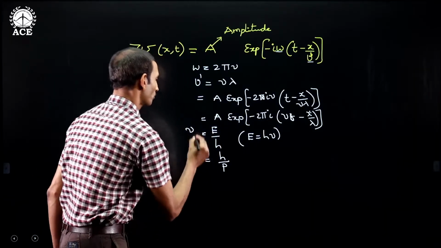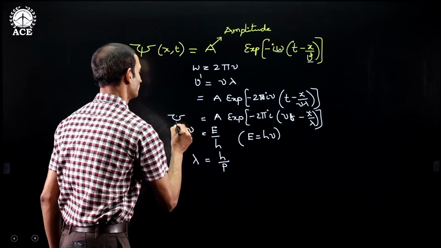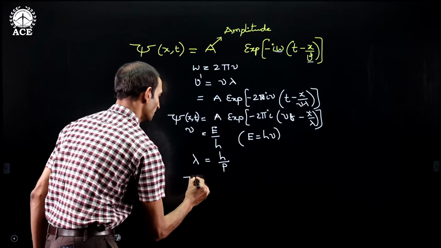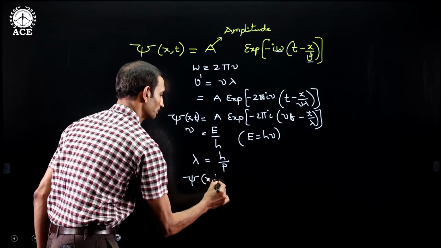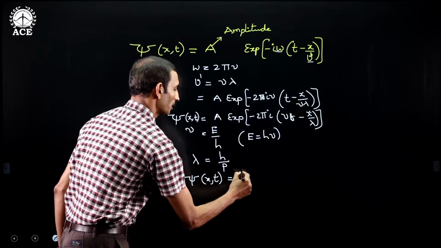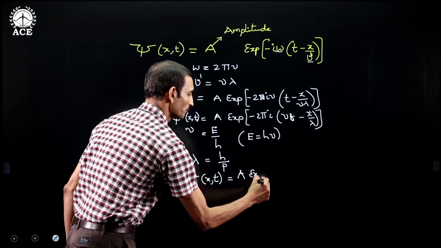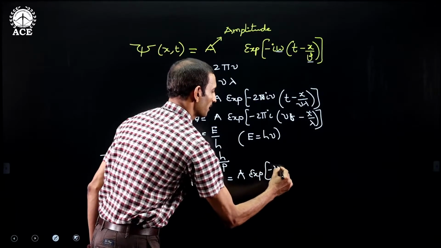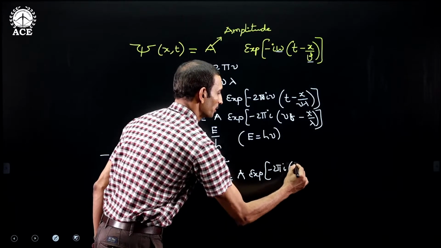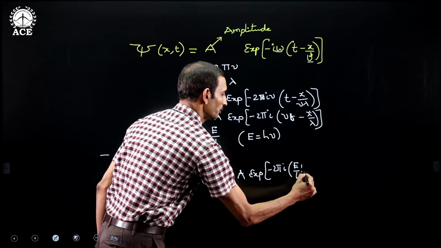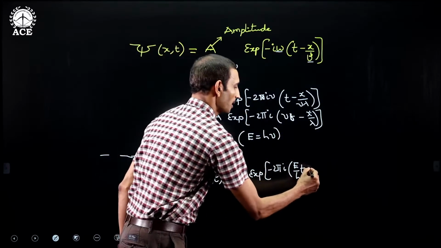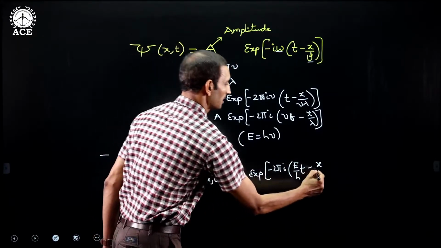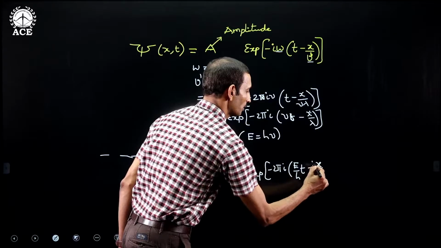Writing these two in this expression, now rewriting this psi of x, t: psi of x, t is equal to A into exponential of minus 2 pi i into (E by h into t minus x by lambda), and lambda is h by p, so p would come over here.